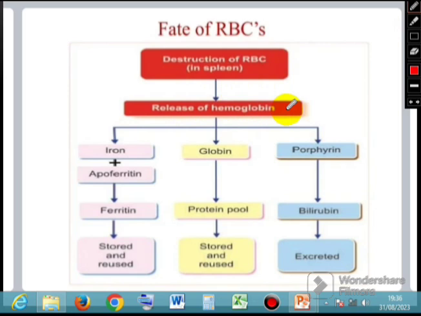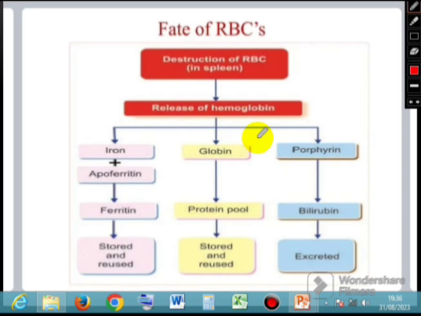Remember I told you that hemoglobin is present in the red blood cell and it is responsible for the red coloration of the cell. So when it releases hemoglobin, it enters into other states that you can do under degradation of red blood cell.